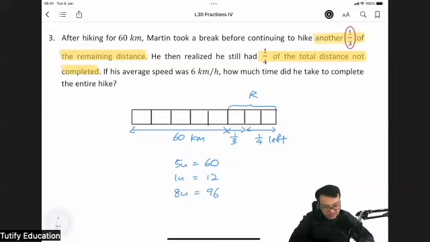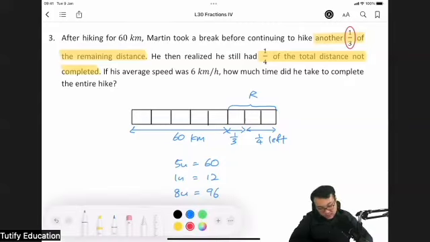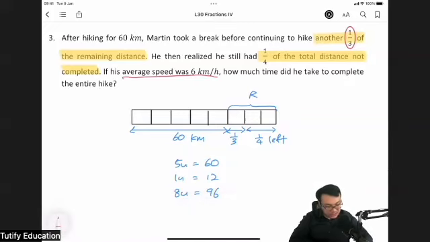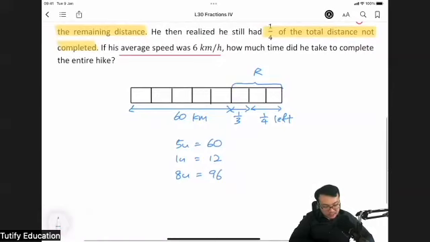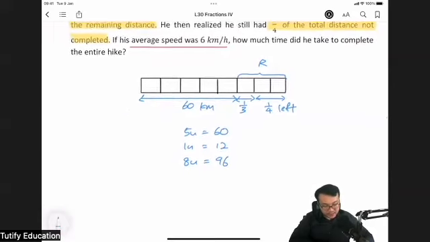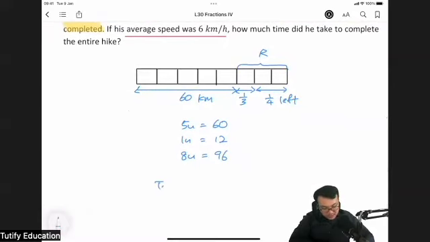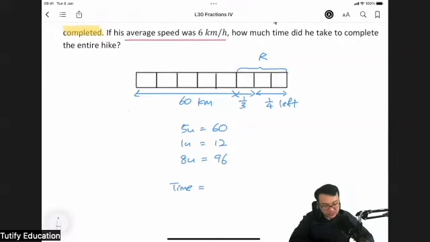So now the question is asking you, the average speed is 6 kilometers per hour. So how many hours will he take to walk the entire distance? In 1 hour, he can walk 6 kilometers. So how many hours will he take to walk 96 kilometers? What should I do?